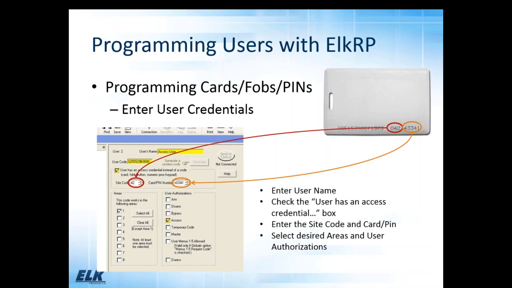You could go into ElkRP and create your users, assign them their name, check mark user has access credentials, assign them to their area, and check access, send that to the system, then take the card or the fob to the reader that's connected to the keypad, and following those steps earlier, going into menu 6, we can learn in each card by swiping it in front of the reader, then receive this information back into RP.